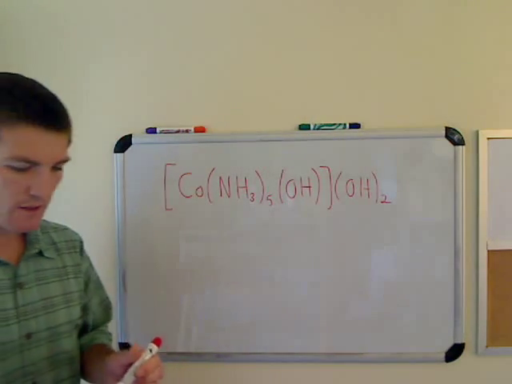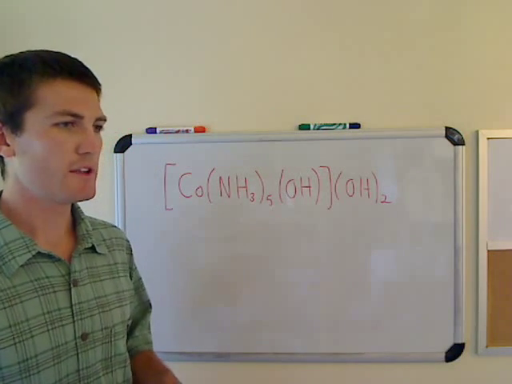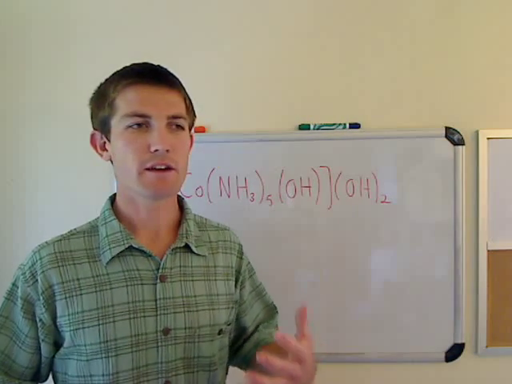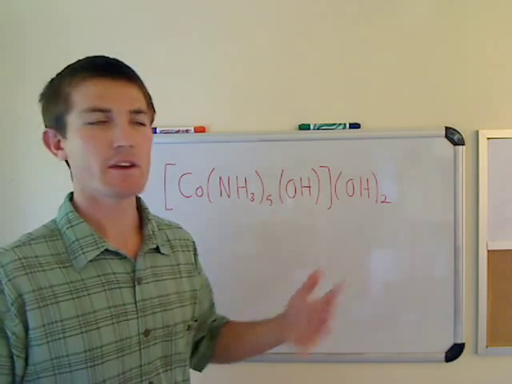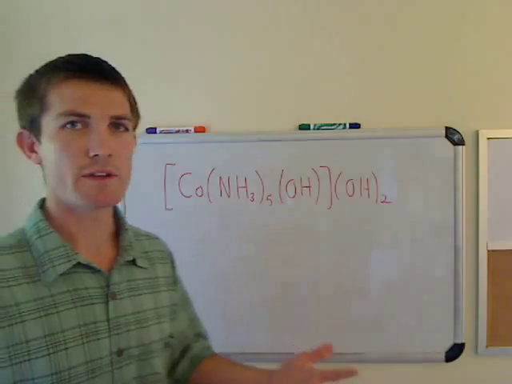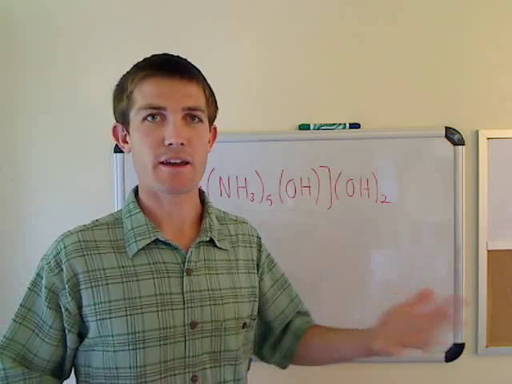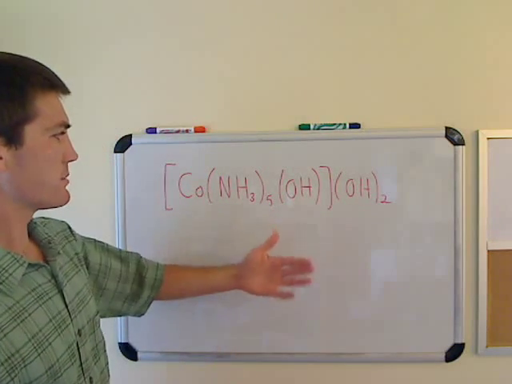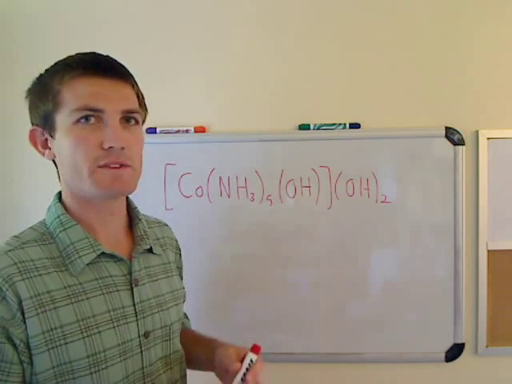Alright, and so coordination compounds, your rules say that we need to name the cation first. We can think of coordination compounds as just like a salt, where with salts we name the cation first. Sodium chloride, we say sodium, the cation first. So the first step in naming these coordination compounds is to figure out what's the cation and what's the anion.